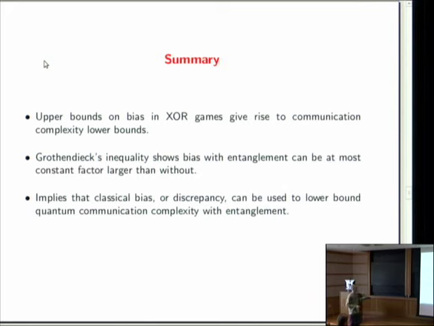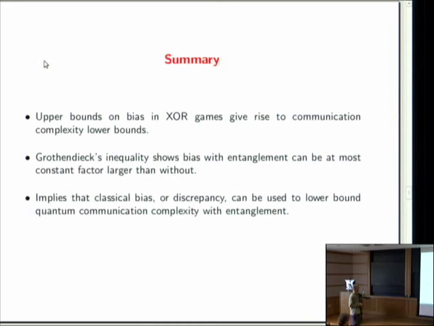Okay, so before I move to the multiparty case, let me just summarize what hopefully I've communicated so far. We want to show communication complexity lower bounds, and we've seen how you can do that by showing upper bounds on the bias in XOR games.